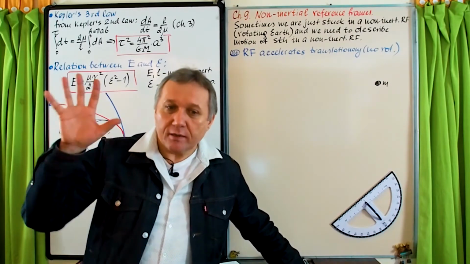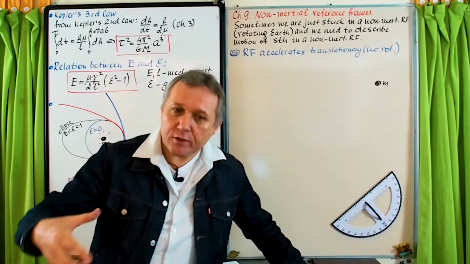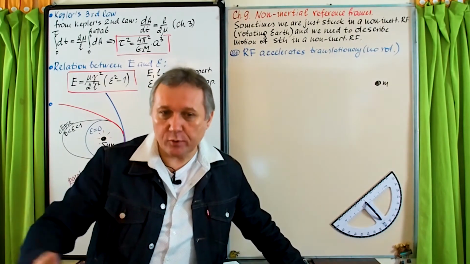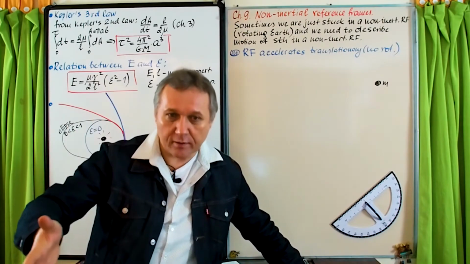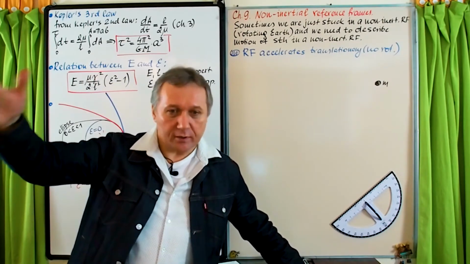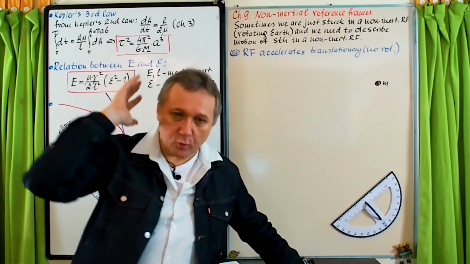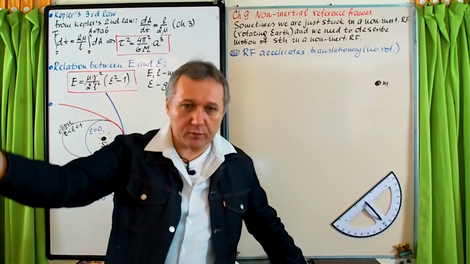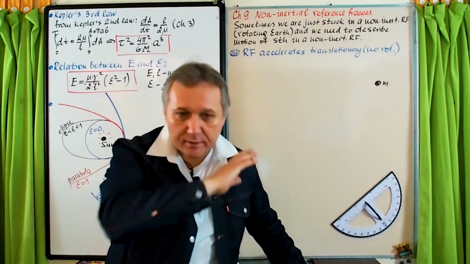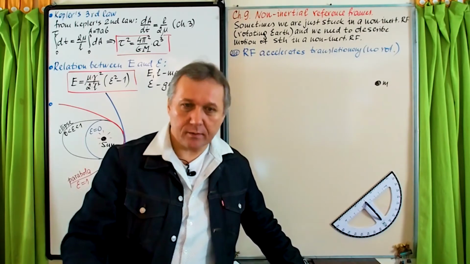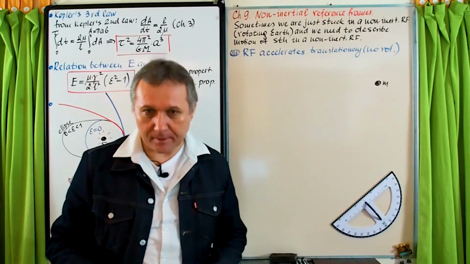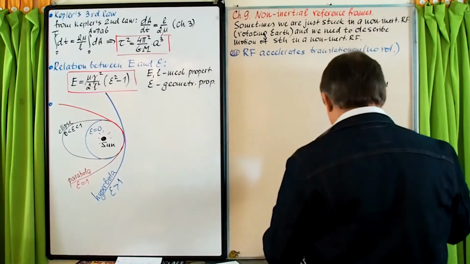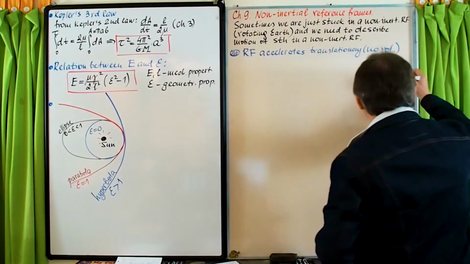Actual forces don't care in which reference frame you use to describe the motion. They just act, and they don't care whether you sit in an accelerating frame or a stationary frame or a grounded frame or a spinning frame. Doesn't matter. They just act, and exactly the same force will be everywhere.